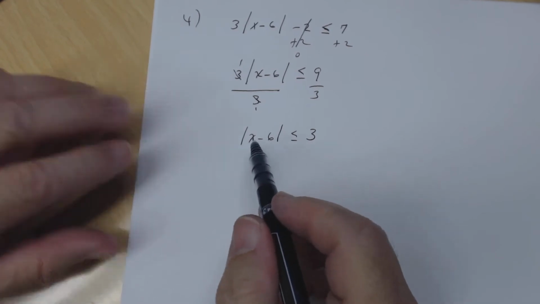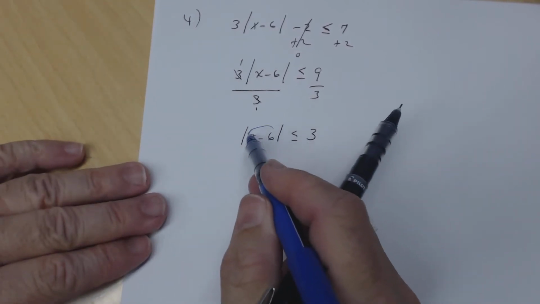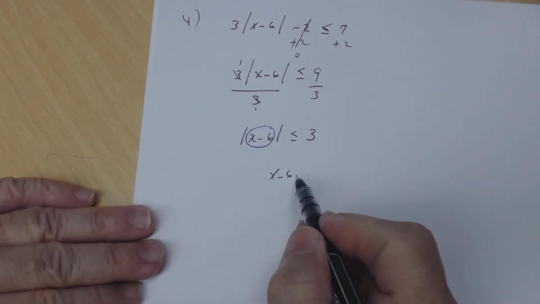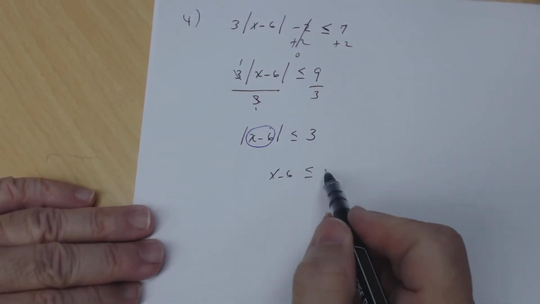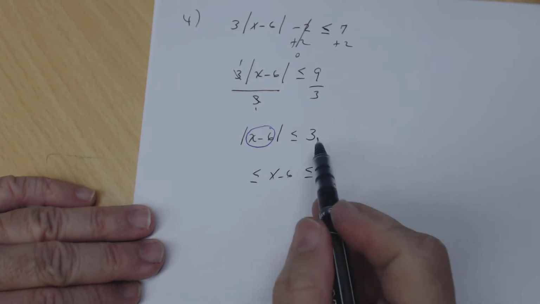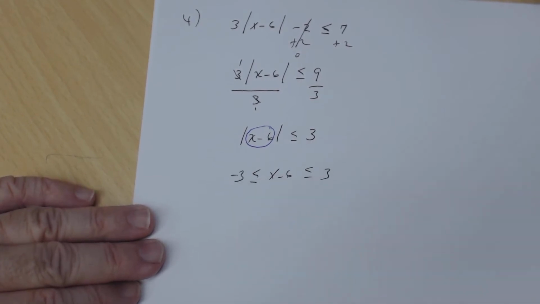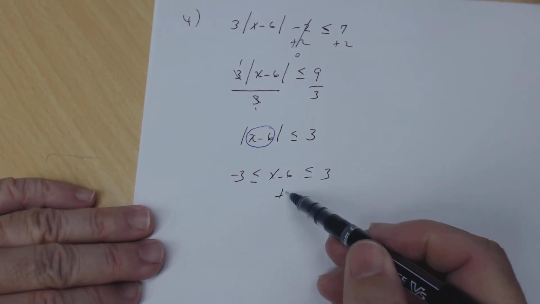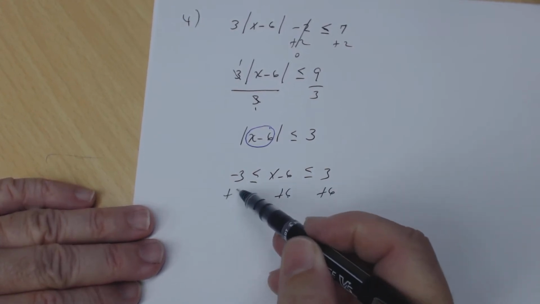You rewrite it with the expression within the absolute value bars in the middle. That has to be less than or equal to 3, and at the same time, bigger than or equal to the opposite, negative 3. And then all you do is get x by itself, so you add 6 to all parts.